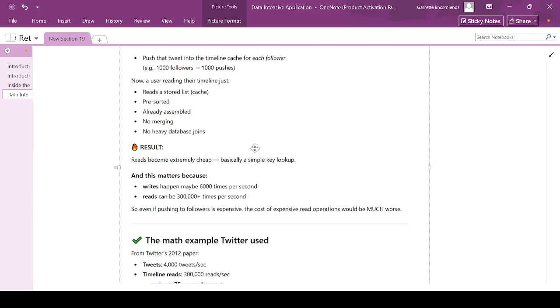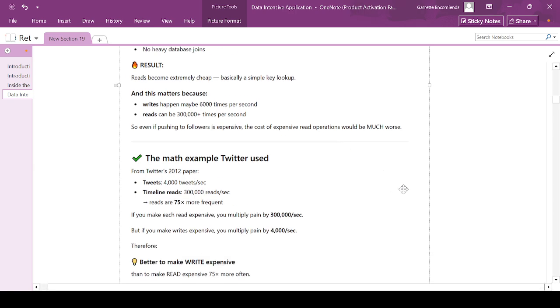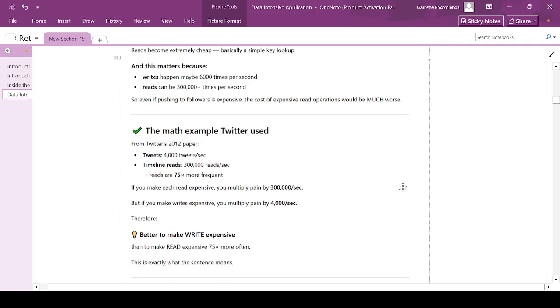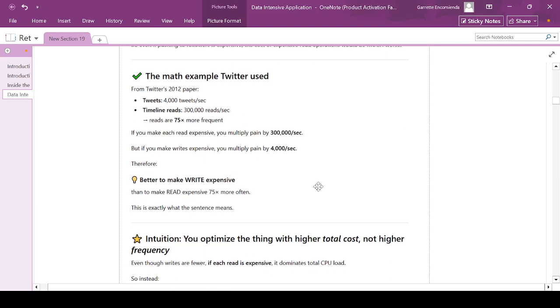Result: reads become extremely cheap, basically a simple key lookup. And this matters because writes happen maybe 6,000 times per second. Reads can be 300,000 plus times per second. So even if pushing to followers is expensive, the cost of an expensive read operation would be much worse. In comparison to read, it is much worse.